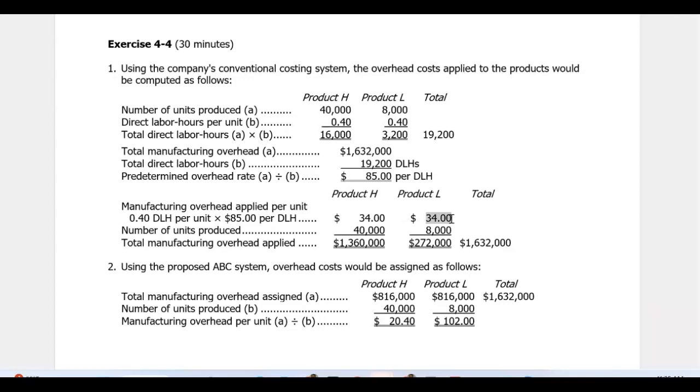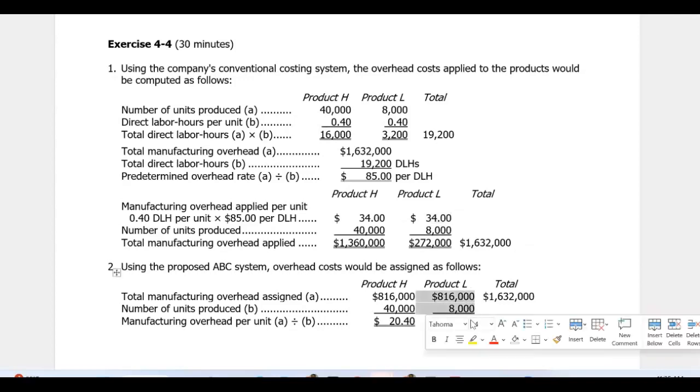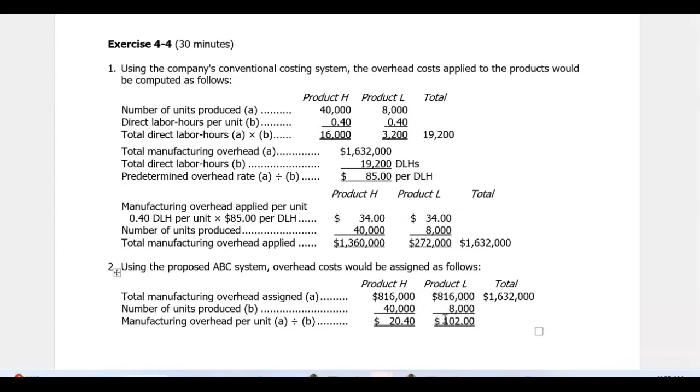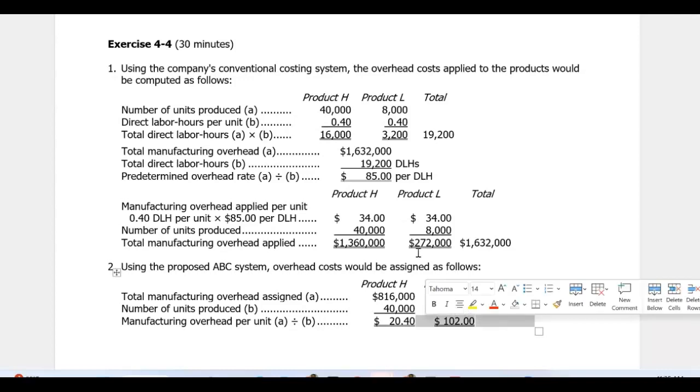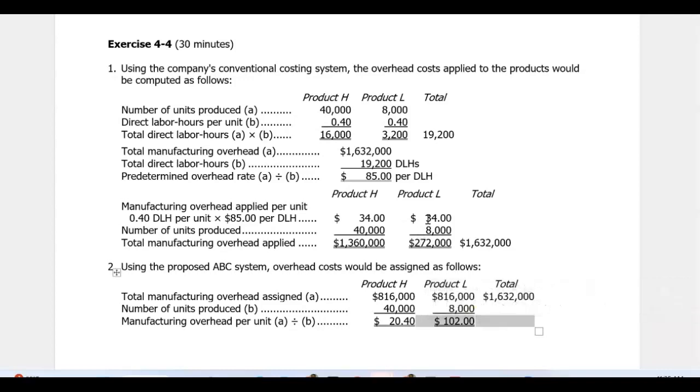Manufacturing overhead was $34 for product L, but when you divide 816,000 by 8,000 units of production, the manufacturing overhead application will be $102 for product L, compared to just $34 before. That's a huge difference.